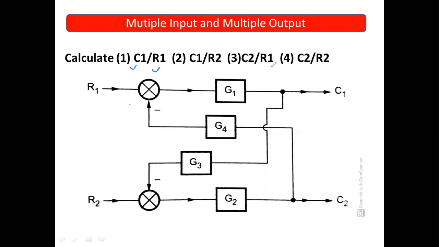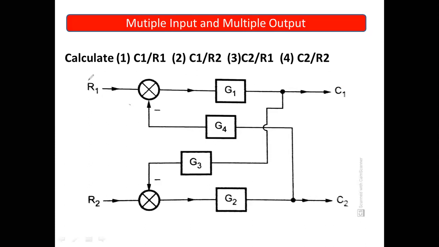Now let us consider case 1, whereby we have to calculate the transfer function C1 by R1. What will we do in this case? When we have to calculate the transfer function C1 by R1, only C1 and R1 would be activated.